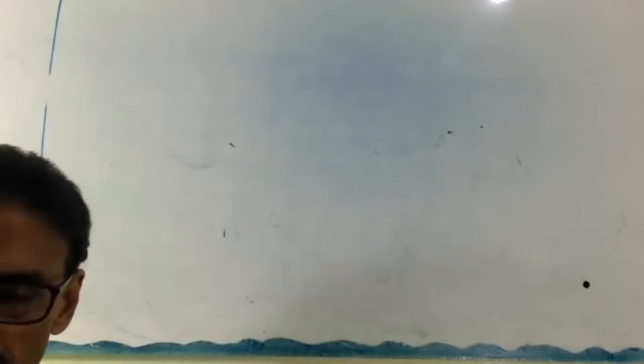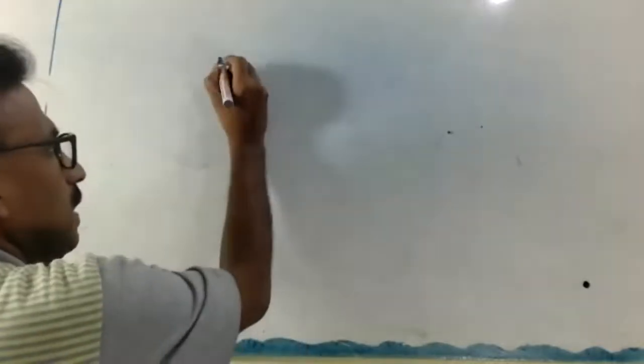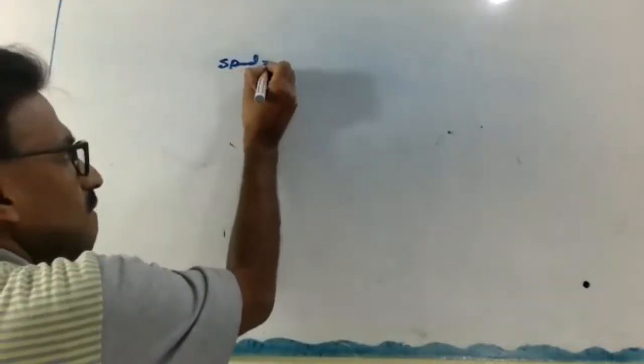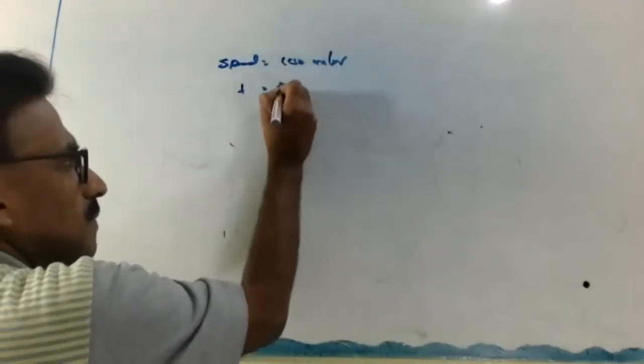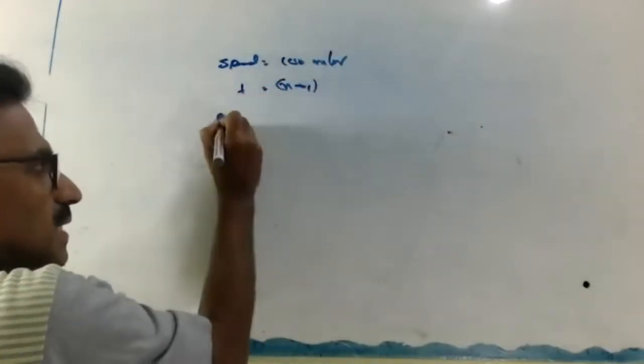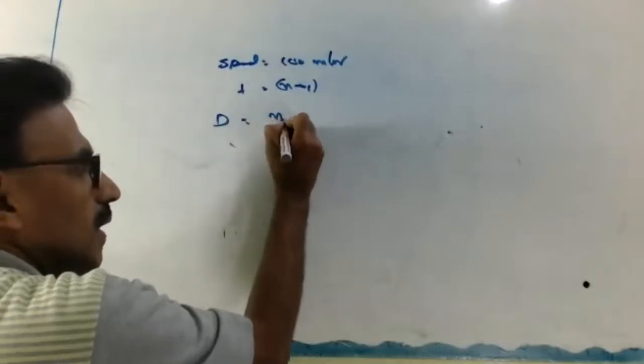What is the speed of the thief? Speed of 100 meter per minute. Time is n plus 1. So the distance traveled by the thief is 100 into n plus 1.